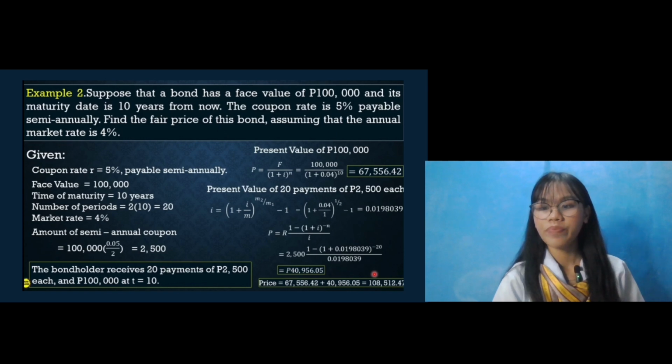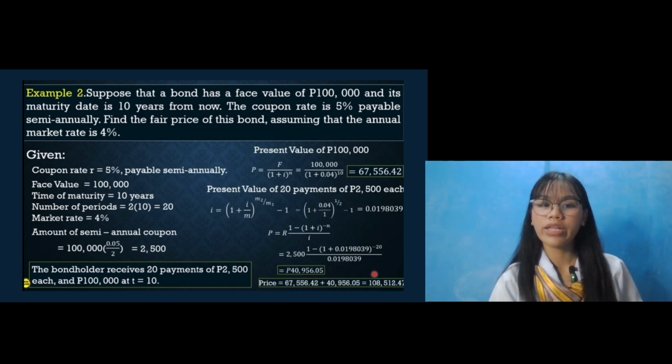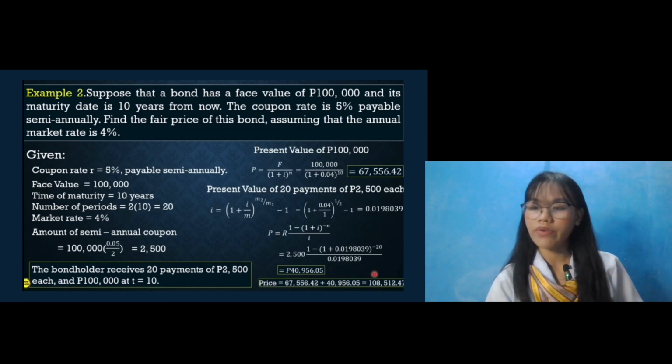So this is where our semi-annual coupon. We need to find the present value of it. Now, since this is semi-annual, we cannot just directly solve it, okay? Now, we need to use this formula.